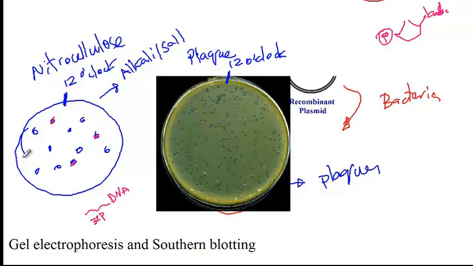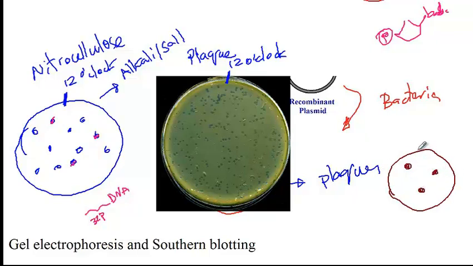The next step is to place an X-ray film on top of the nitrocellulose paper. And it will show us that these 3 plaques are the ones that are actually exposing the film and marking the film in these areas.